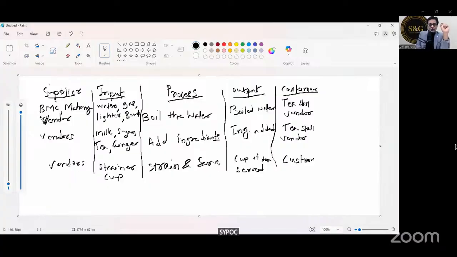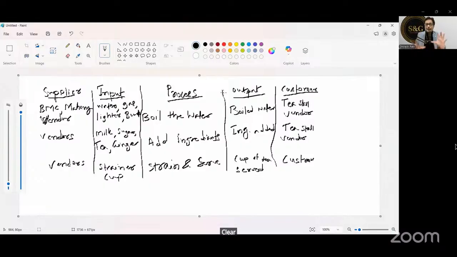SIPOC stands for Supplier, Input, Process, Output and Customer, which gives the details about the process: what the process involves, what the inputs are, who the supplier is, what the outputs are, and who the customer is. Clear?